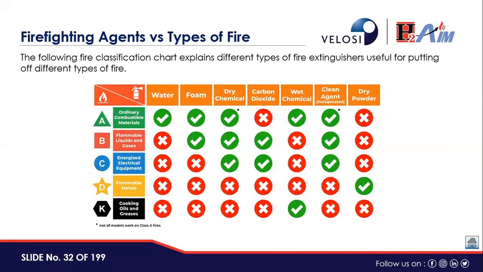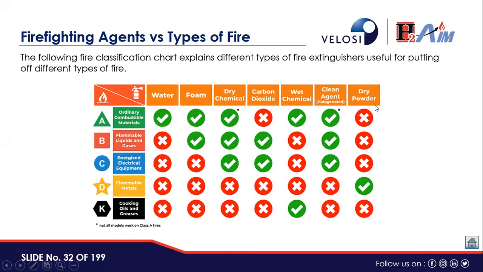Now there's a table showing which kind of fire agent is applicable for which kind of fire. These are the various classes of fire we understood earlier: A, B, C, D, and K. And these are the agents: water, foam, dry chemical, carbon dioxide, wet chemicals, clean agents, and dry powder.